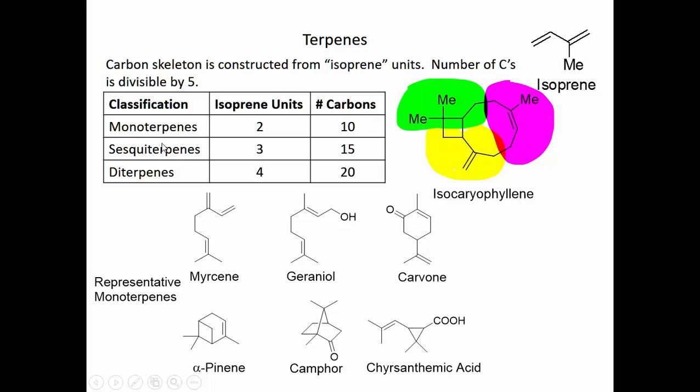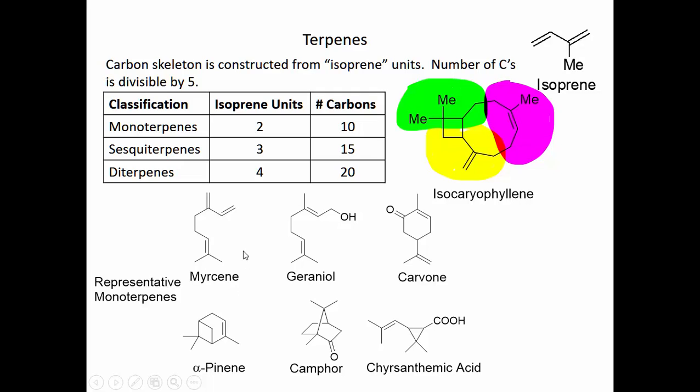A sesquiterpene, the prefix sesqui just means 1.5. It's going to have 3 isoprene units and 15 carbons, and a diterpene is going to have 4 isoprene units and 20 carbons. So let's look at some representative monoterpenes here.